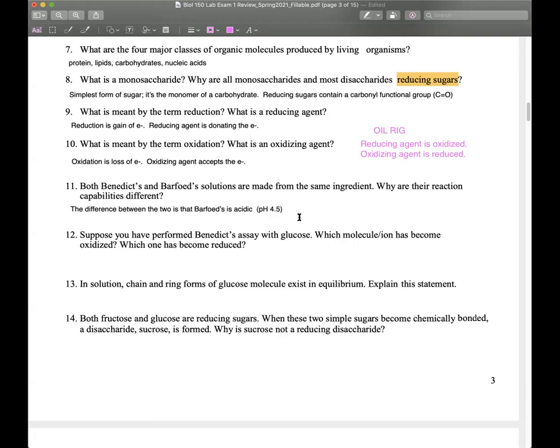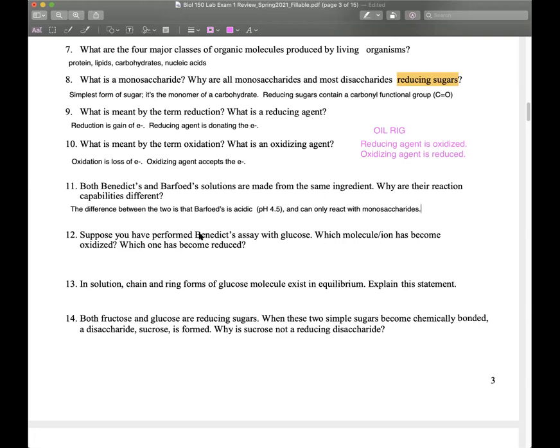And so the Barfoed's was only able to interact with monosaccharides and not just all reducing sugars. So remember, Benedict's can react with monosaccharides or reducing disaccharides, but the Barfoed's can only interact with the monosaccharides.